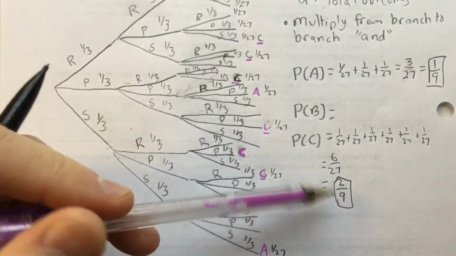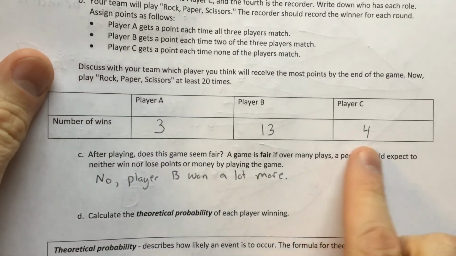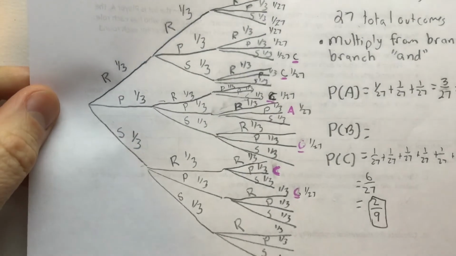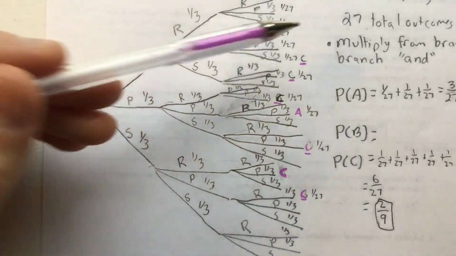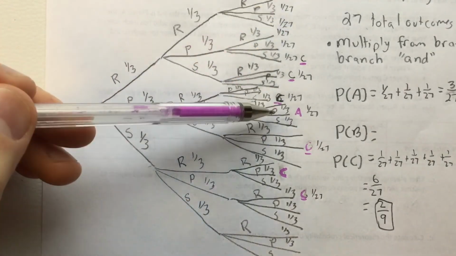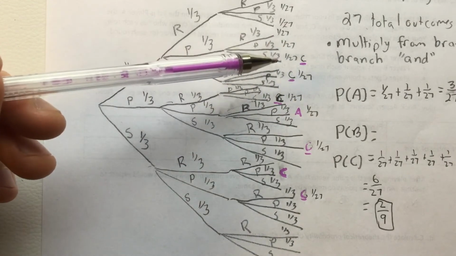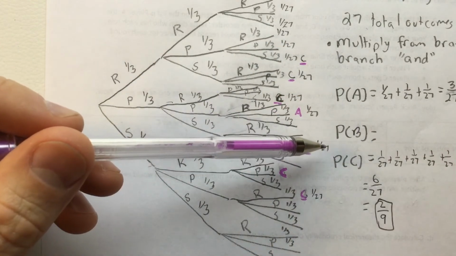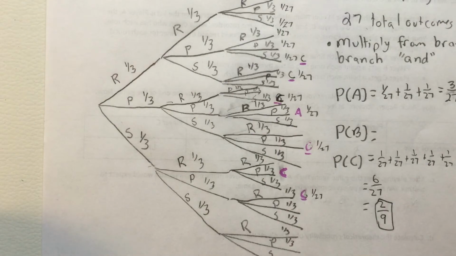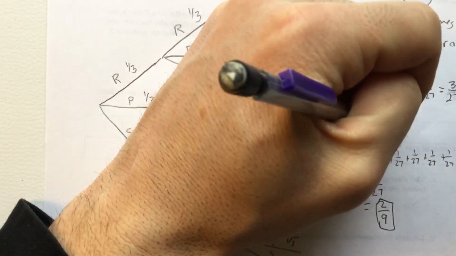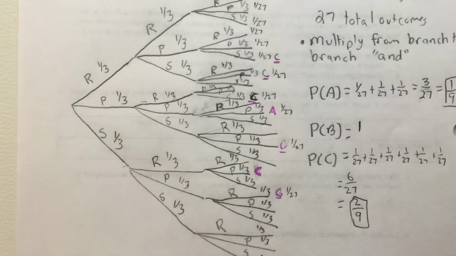C has a little bit better probability of winning than A, which is what we kind of saw in our experimental results. Last, what I could do is count all these other ones, which would be winning B. The other way I could do it is I could know probability is always out of 1.